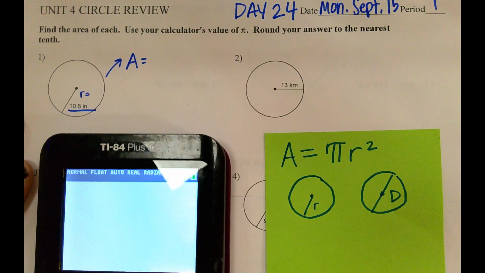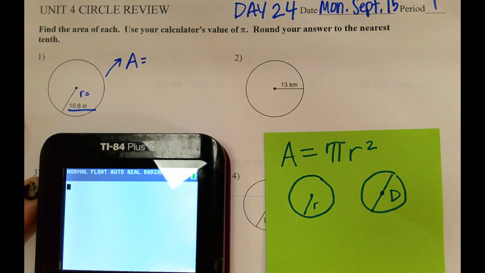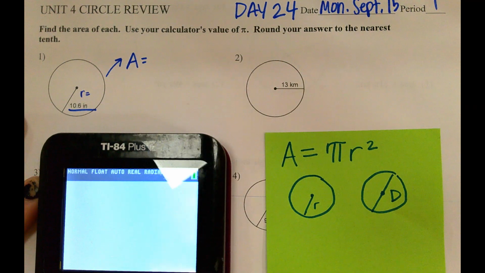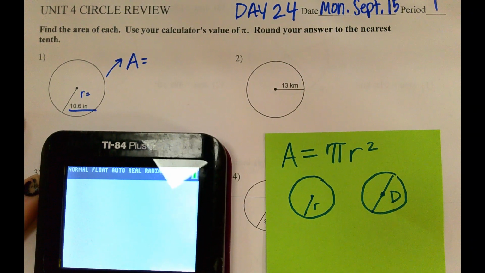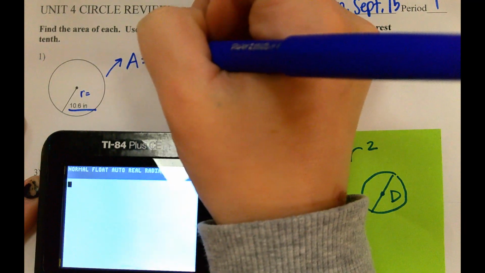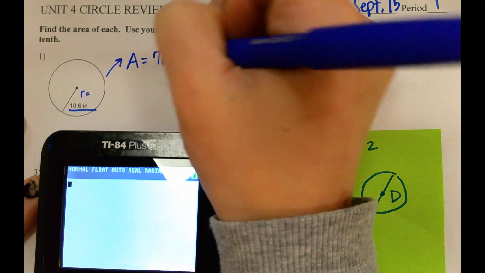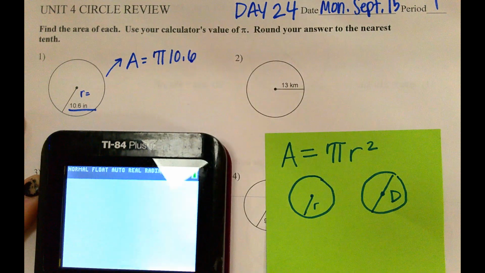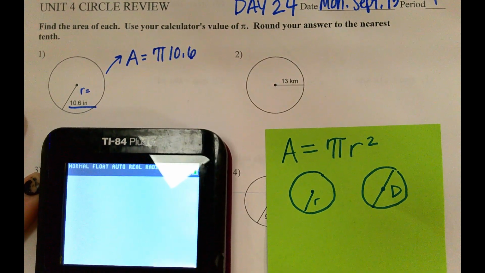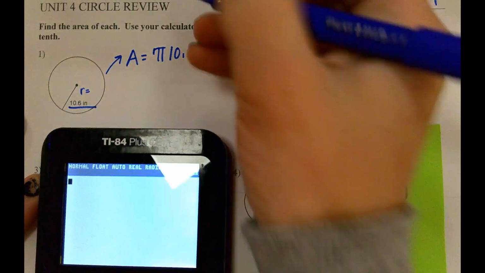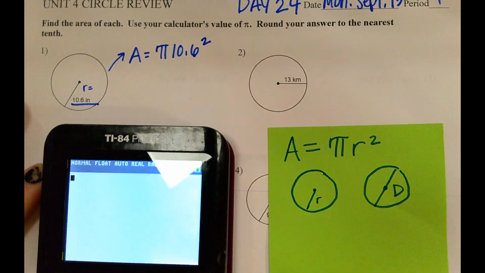My formula is pi times radius squared. My radius is 10.6. What am I typing in my calculator? Yes, pi times 10.6. And I'm missing just one thing. Square. Perfect. And we can type that in all in a row.